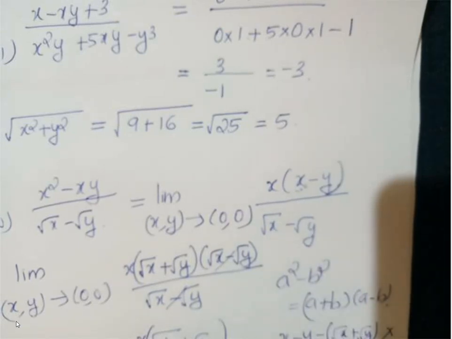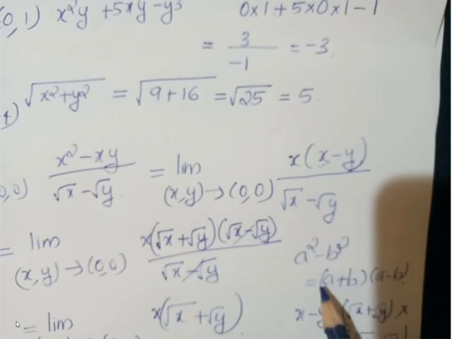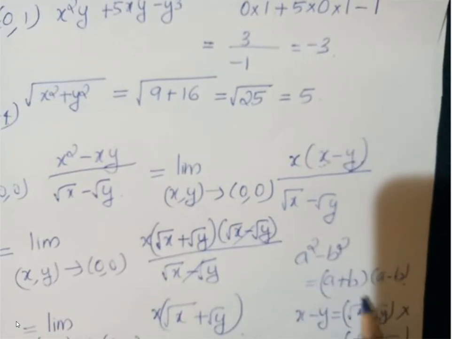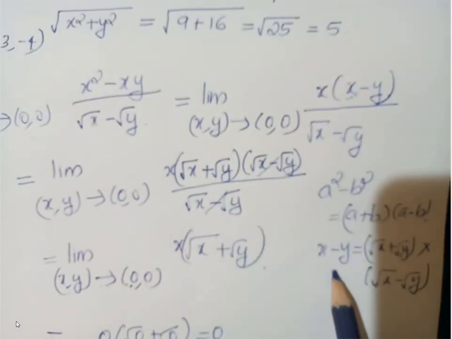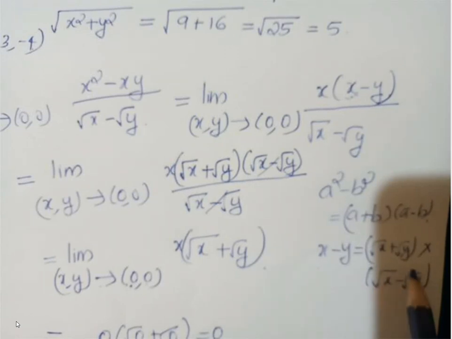So we know that a square minus b square equals (a plus b) into (a minus b). So here I can write this x minus y as (root x plus root y) into (root x minus root y). Right? Is it clear?